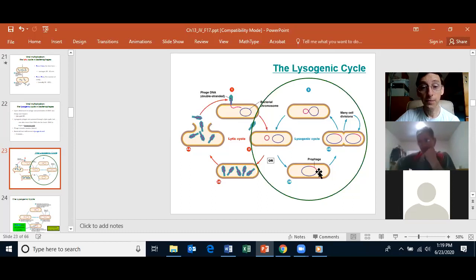The only time the viral DNA replicates is when the host goes through cell division, and it'll replicate its DNA, and that will replicate the lysogenic viral DNA. And this can go through many cell cycles of that. Okay? Any questions about the lysogenic life cycle?